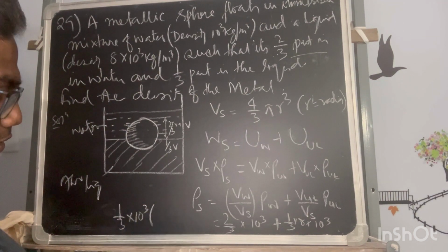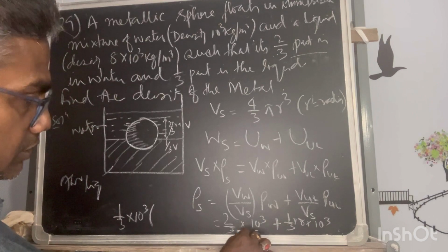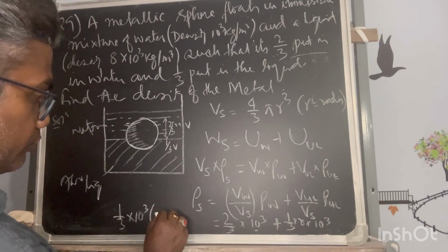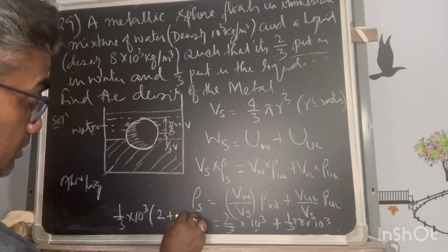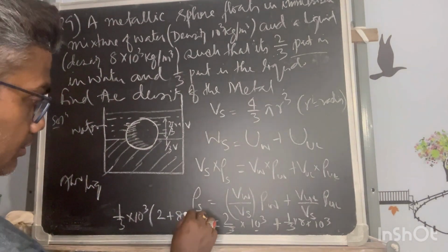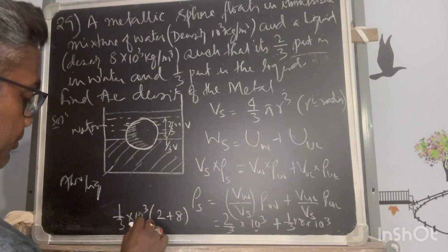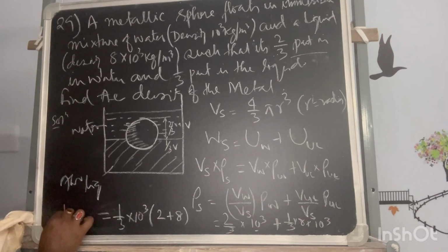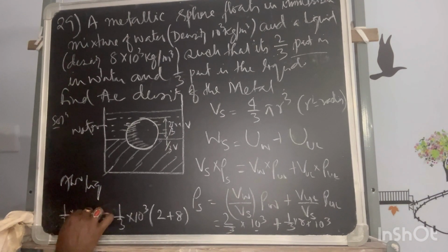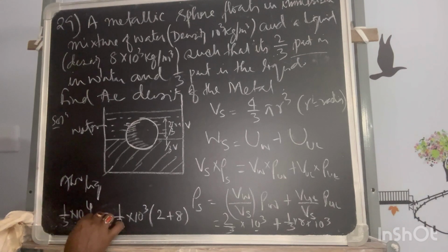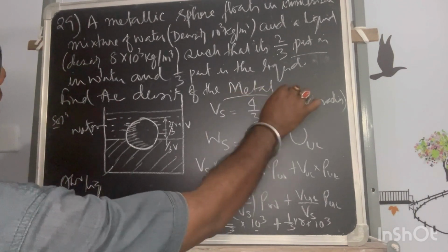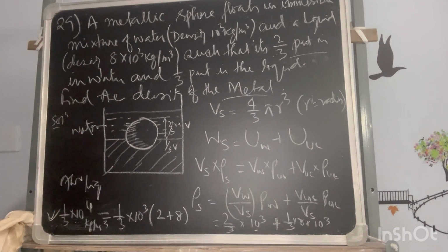And 1/3 is common for both. So what is remaining? 2 here plus there is 8 again. So this will add up to 10. So this is 1/3 into 10 to the power 4 kg per meter cube, which will be the density of the metal. Okay. So this will be your answer.